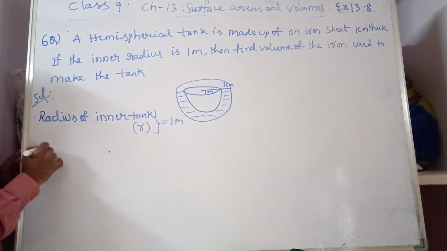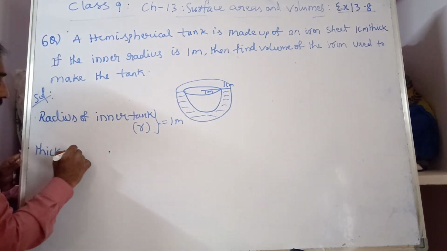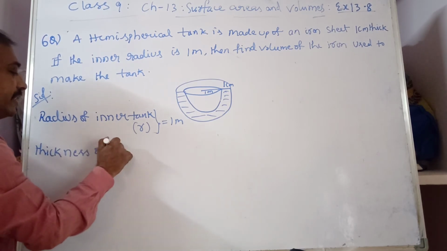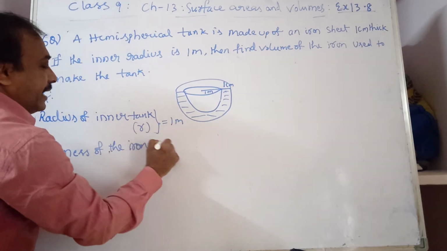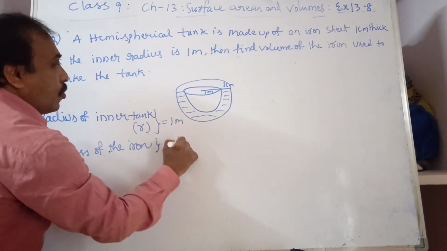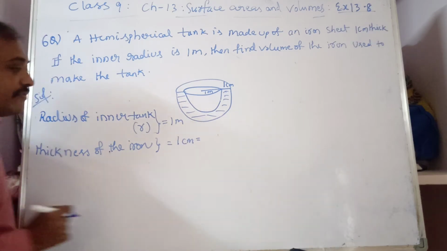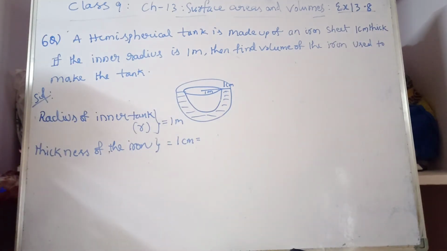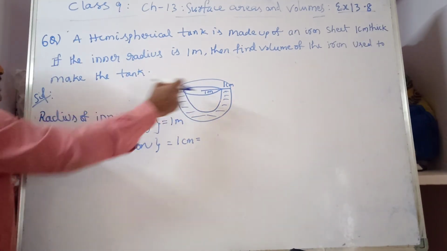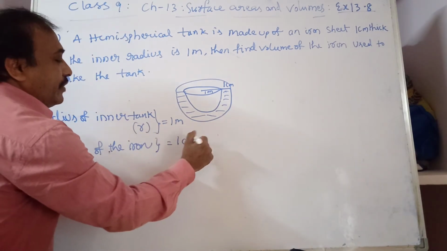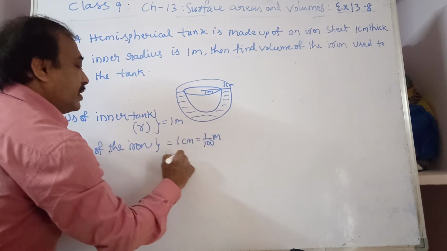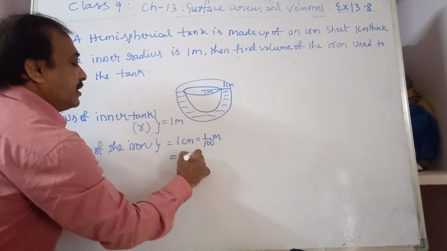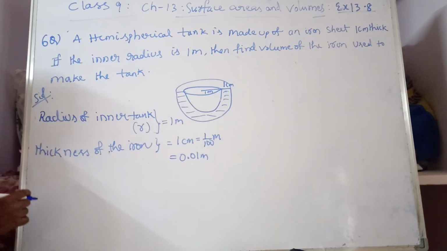The thickness of the iron sheet is 1 centimeter, which we convert into meters because the radius is in meters. 1 centimeter is 1 by 100 meters, which we can write as 0.01 meter. So 0.01 meter is the thickness.